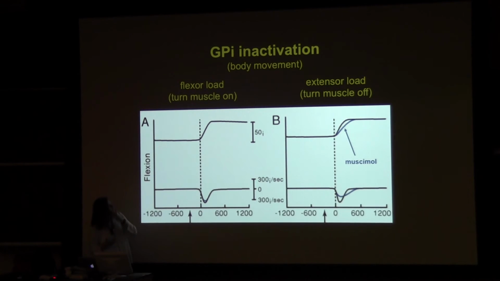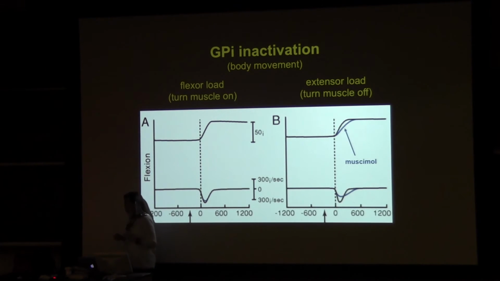So what's interesting is that consistently these animals were pretty good at turning on that muscle activity during the movement, even when you inactivate the GPI. But if you had to make the movement where you had to relax the muscle, you had to turn it off, then they had trouble.